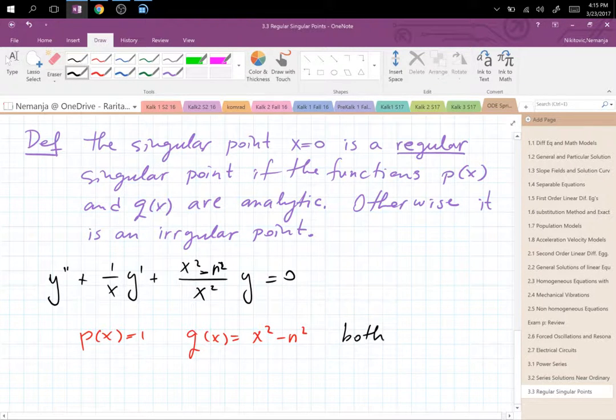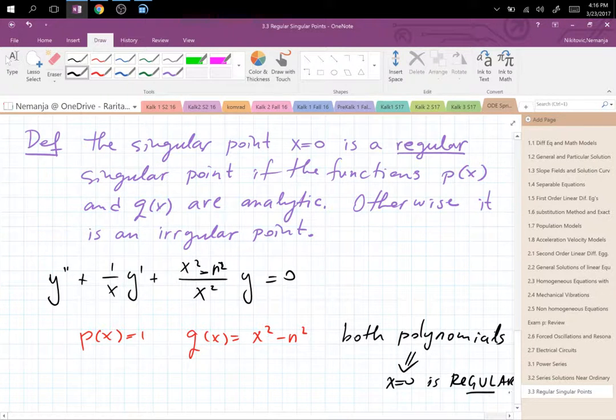Both polynomials, which says that x equals 0 is a regular singular point. So you should be able to, but make sure it's divided by x and x squared, right?